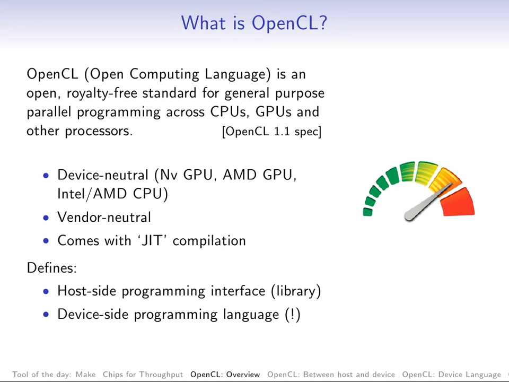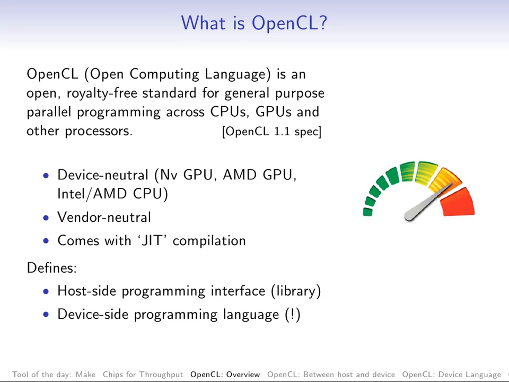Right. In terms of names, the thing that we're going to use to program them is called OpenCL. It's Open Compute Language, an open, royalty-free standard for general-purpose parallel programming across CPUs, GPUs, and other processors, and the kitchen sink too. Why that? Well, there are mainly two interfaces to be had. You might have heard of CUDA, and you might have heard of OpenCL.